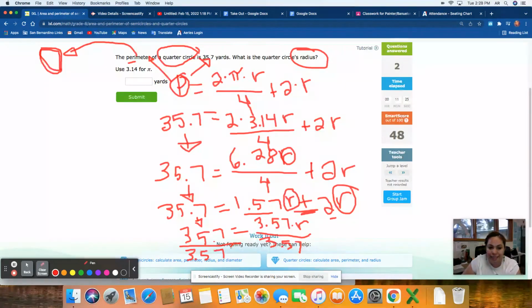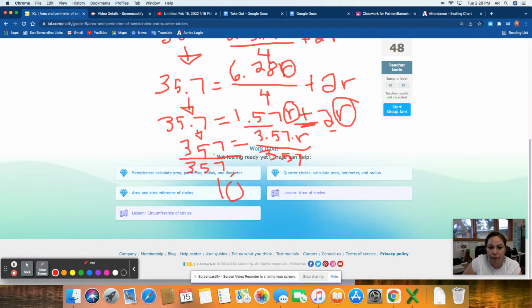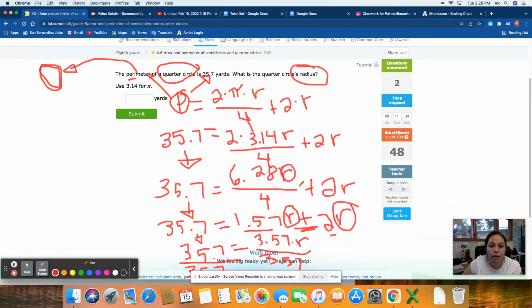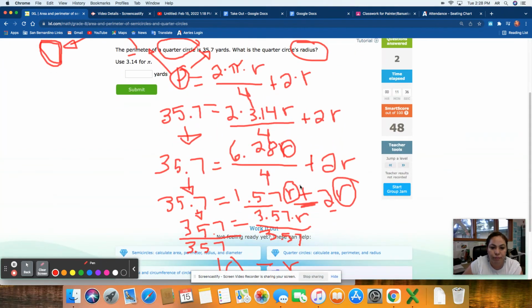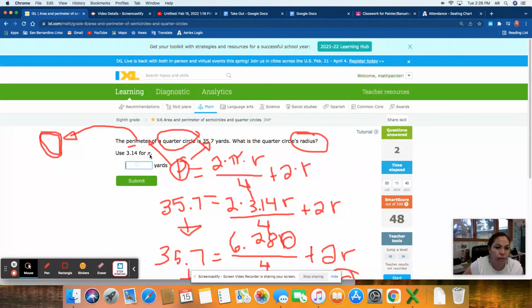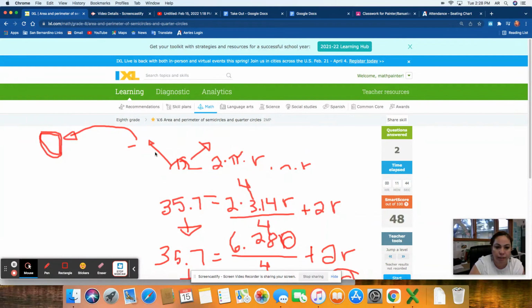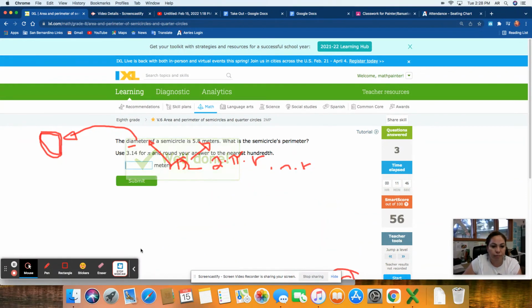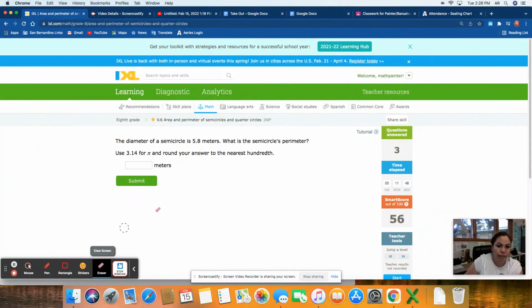It equals 10. Whew, this one was a long one. So R equals 10. All right. So R on our actual IXL is going to be 10. That was a long one.